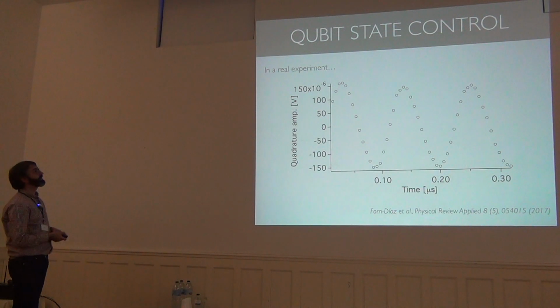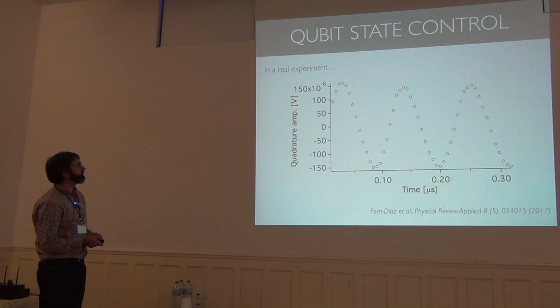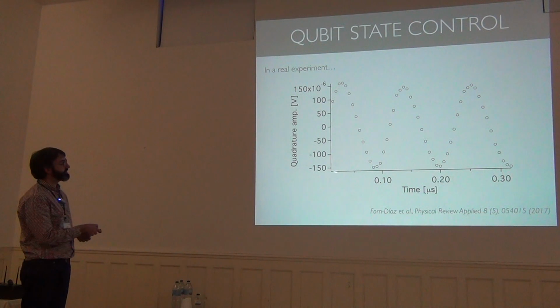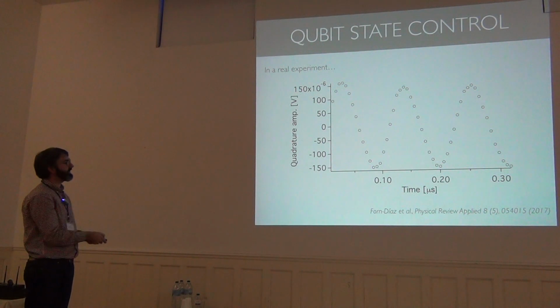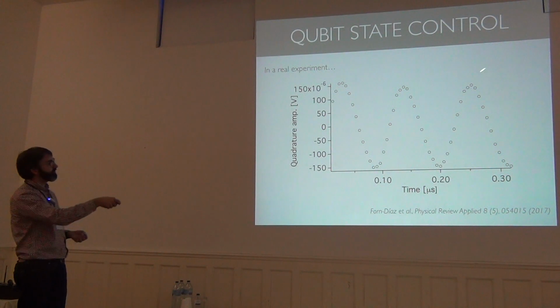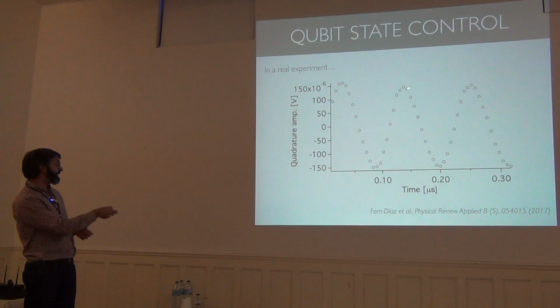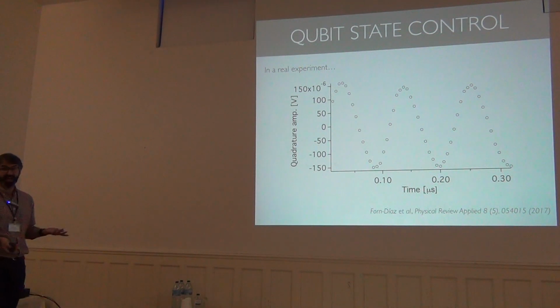This is data from one of the experiments that I participated in in the past. This is a function of time, and in this case this is some quadrature. I will explain this vertical axis tomorrow, but it's some signature from the qubit that does precess in time. You can appreciate here that it does decay, so there are some mechanisms that make these oscillations die out.